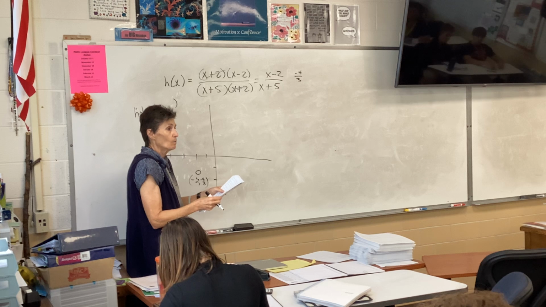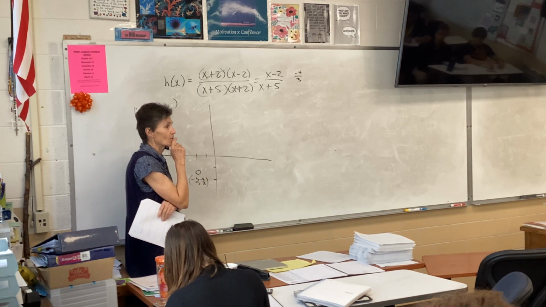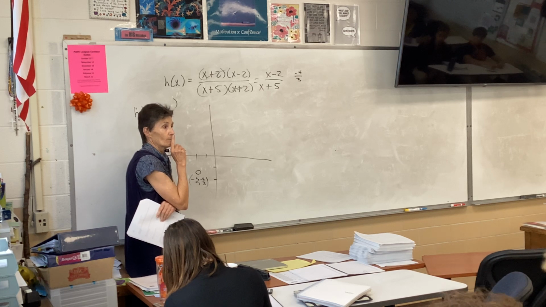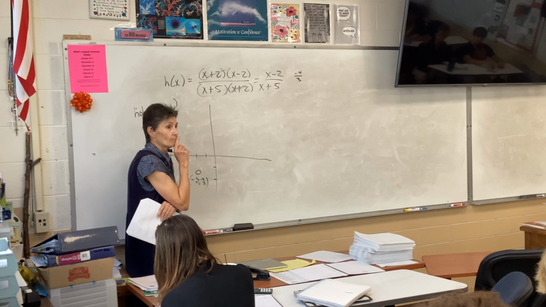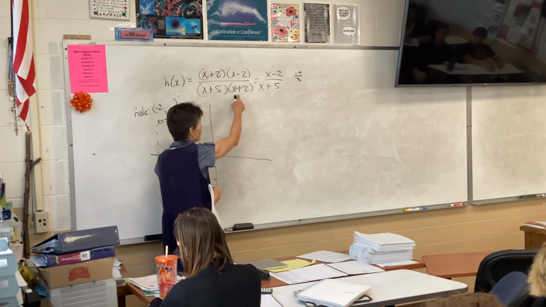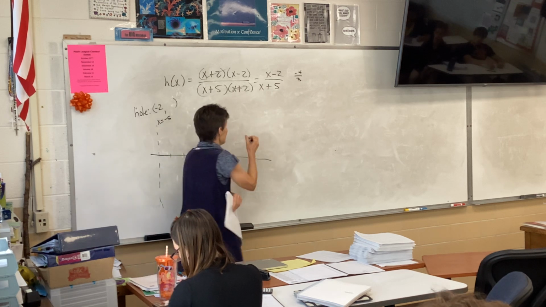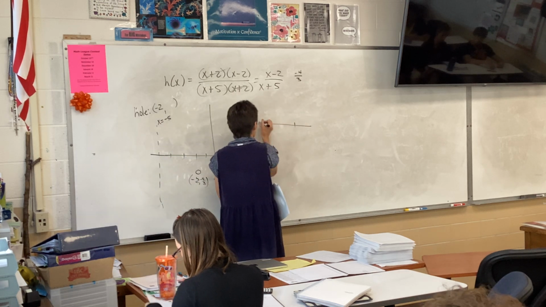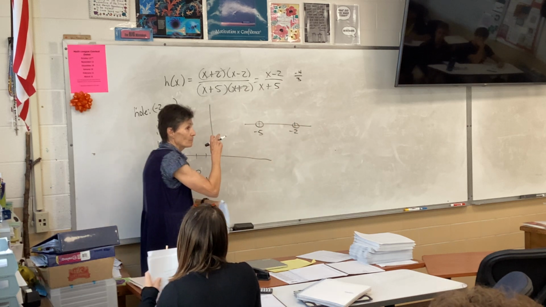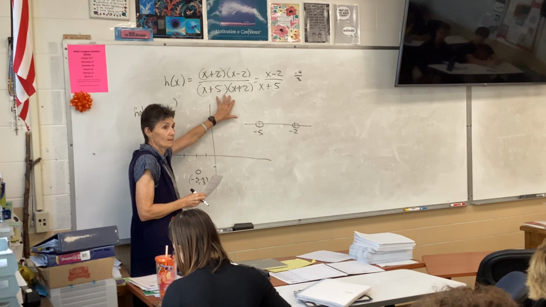Okay? What's our domain? For this particular problem, what's our domain? Everything except -5 and -2, right? That's our domain. So here's my number line. I can't be -5 and I can't be -2 because those would both give me a 0 in the denominator, right?